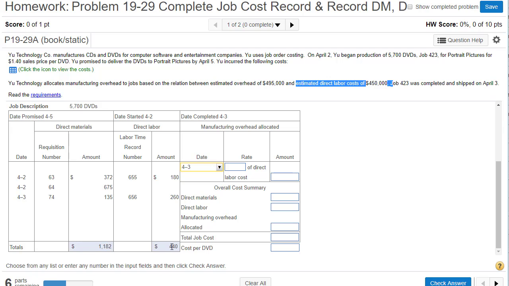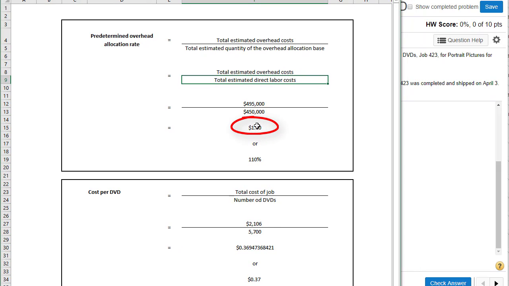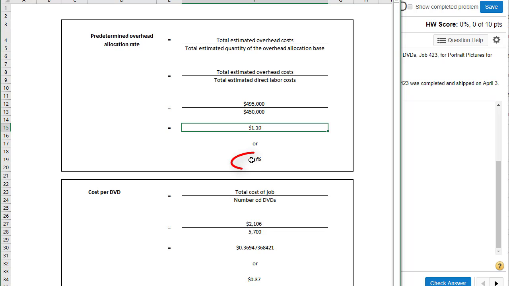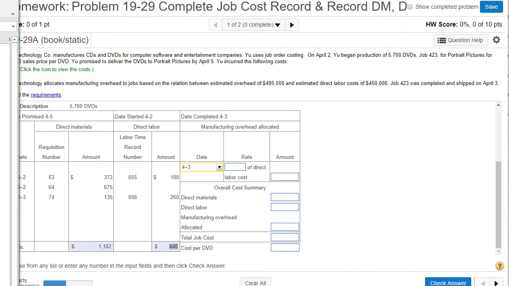So for every dollar of this, the company has to allocate $1.10 of manufacturing overhead. Or if you like the percentage method, you could just say you take the direct labor costs, multiply it by 110%, and that gives you your manufacturing overhead.